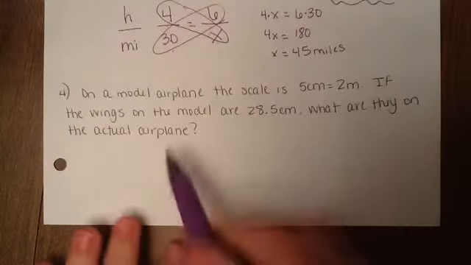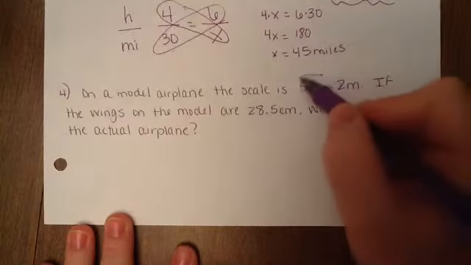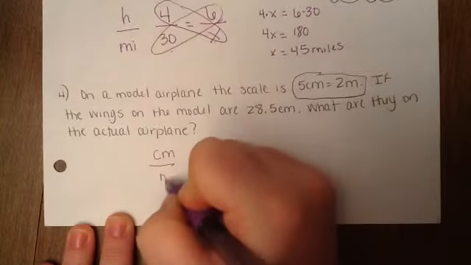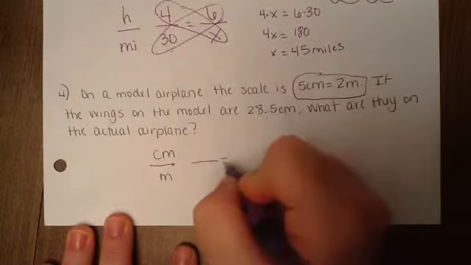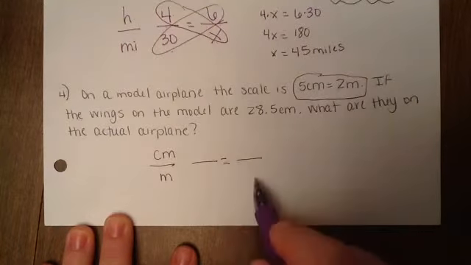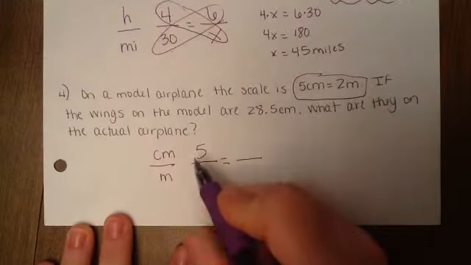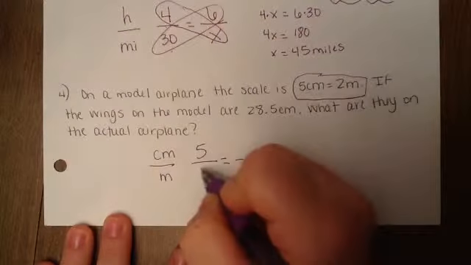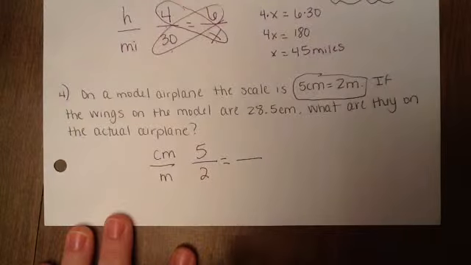Let's see how you did. What were the two units we were using? Centimeters and meters. So on this airplane, the scale is 5 centimeters. So out of my 4 pieces, 5 will go on top. What must go with the 5? 2 meters. Make sure you labeled so it's easy to find out where pieces go.